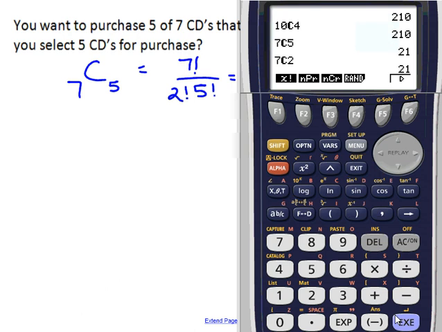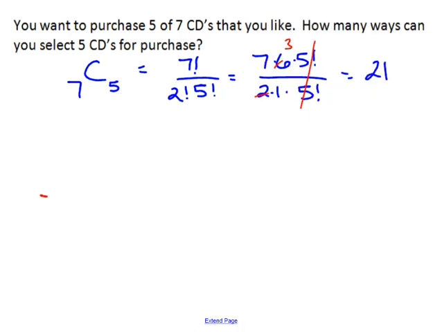It's the same. 7C5 and 7C2 are the same. Well, let's think about that for a minute. 7C2 would be 7 factorial over 7 minus 2, which is 5 factorial, times 2 factorial. And then, of course, because of the commutative property of multiplication, those are the same.